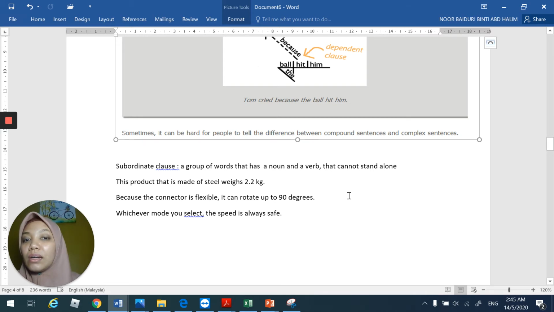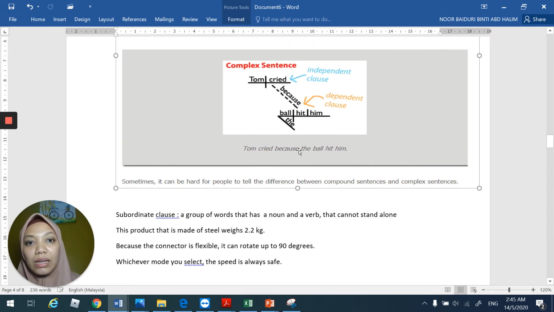Dia dah ada dah, noun dengan verb, but it still cannot stand alone. Okay, like this one. "Because the ball hit him", you have the noun already and also the verb. Hit ni verb kan? But you cannot make it stand alone. It needs to be linked to another clause.